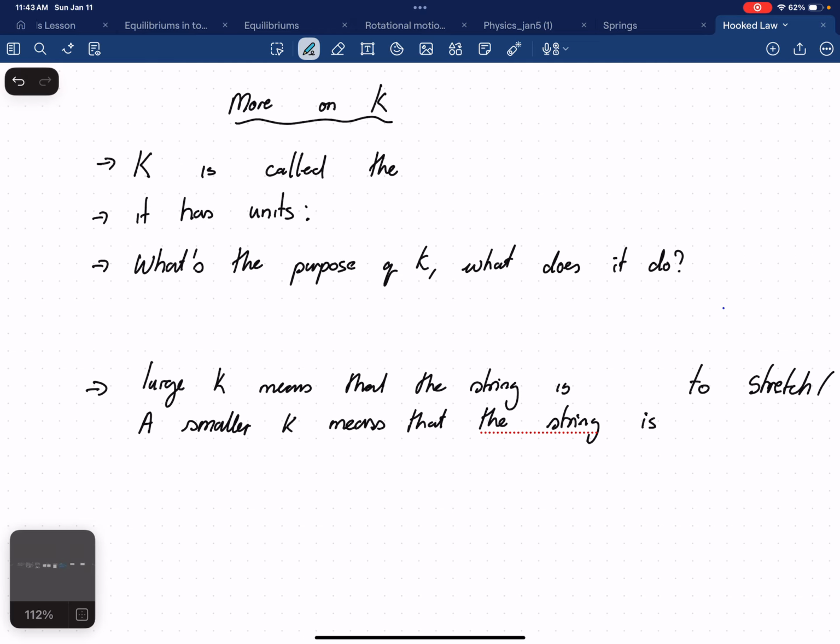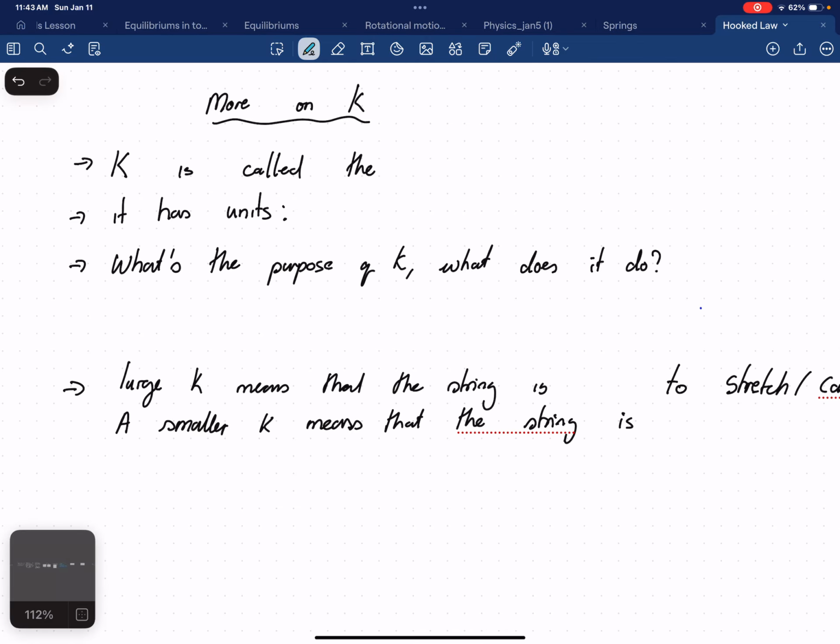So anyway, let's talk about k. k is called the spring constant, and has units of newtons per meter. And what's its purpose? What does it do? It's a measure of how strong our spring is.